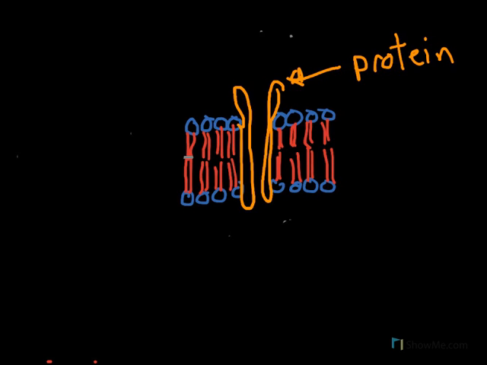And what this protein channel allows to happen is that these molecules, okay, that may not go through the membrane, might be able to go through this channel right here. So it might go through there, and it'll wind up going out the other side, or into the cell or out of the cell. So we have to talk about that with diffusion, that bag with little holes in it, basically.